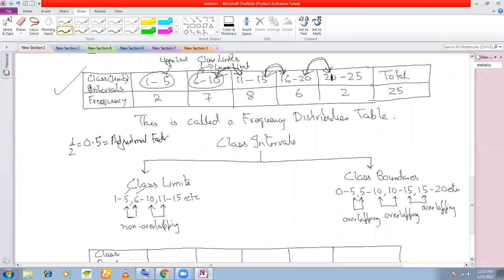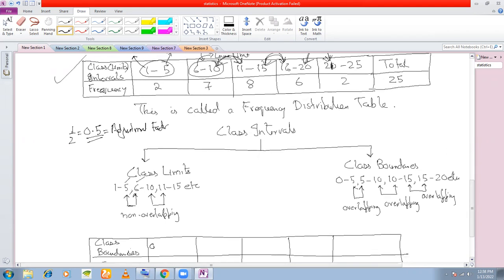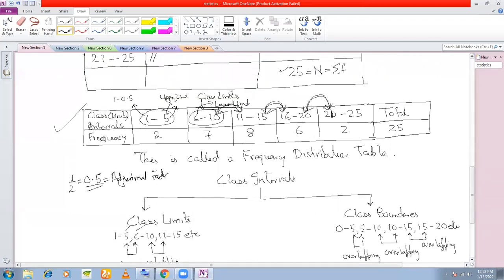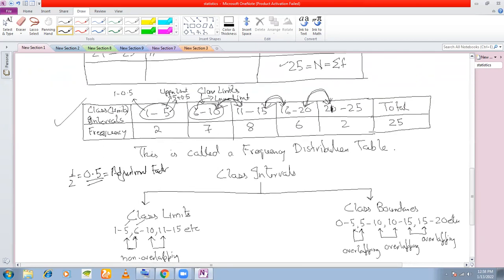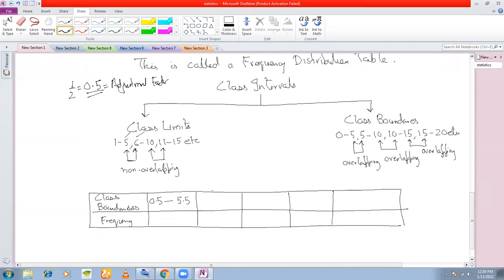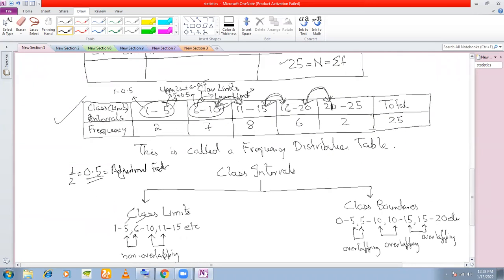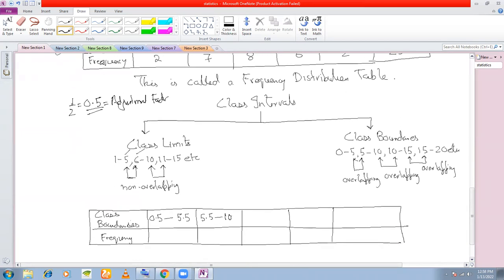Now what you do is, with this 0.5 adjustment factor, from the lower limit 1 you subtract 0.5. So 1 minus 0.5, how much do you get? 0.5. You write 0.5 here, and to the upper limit 5 you add 0.5, so you get 5.5. For the next class, from 6 you subtract 0.5 and get 5.5. So the next one starts from 5.5, and to 10 you add 0.5, so you get 10.5.